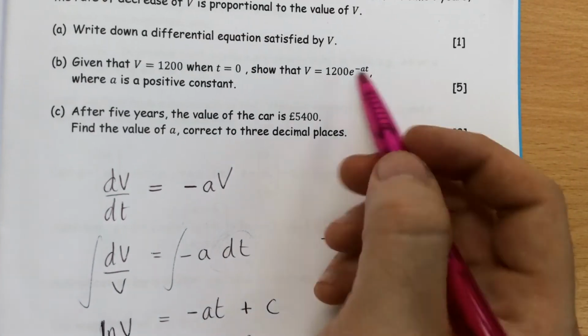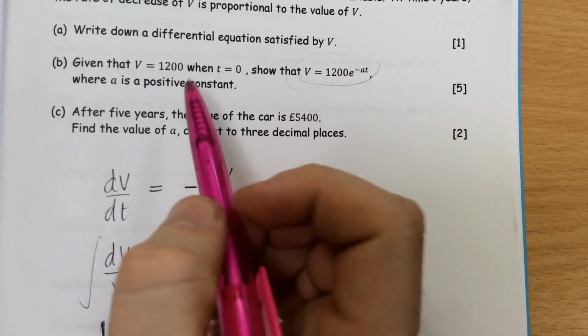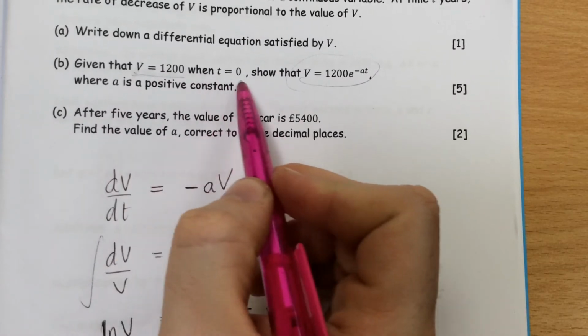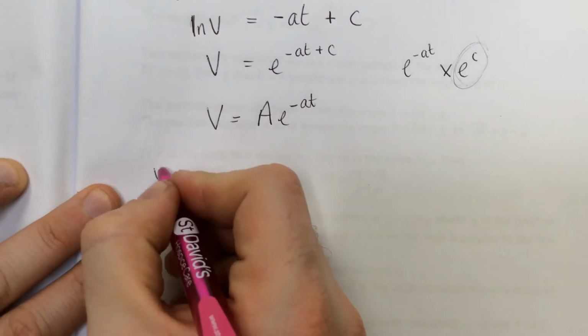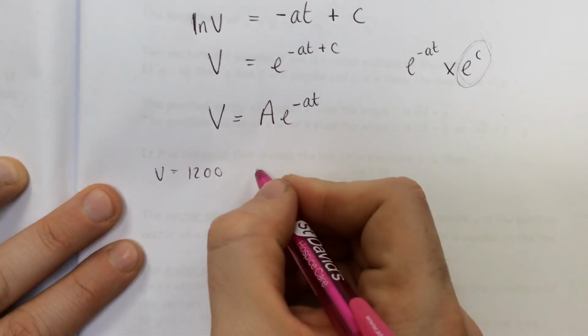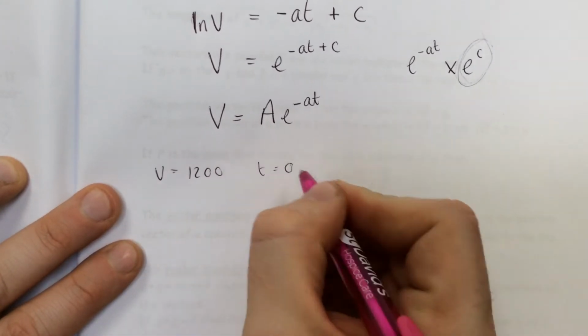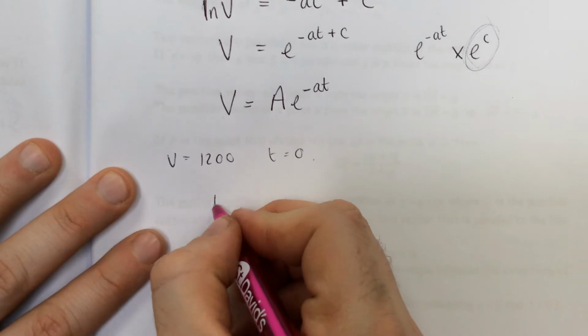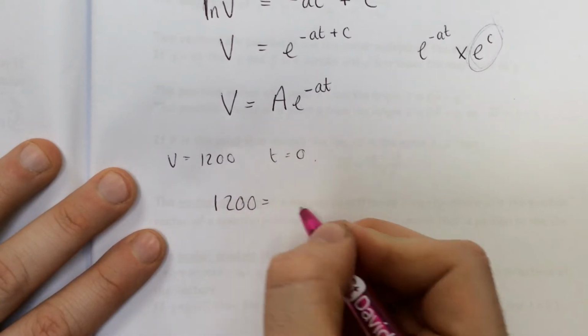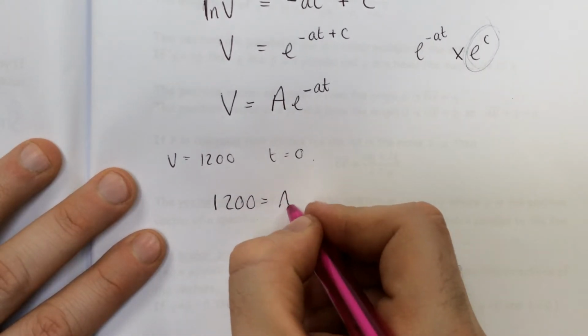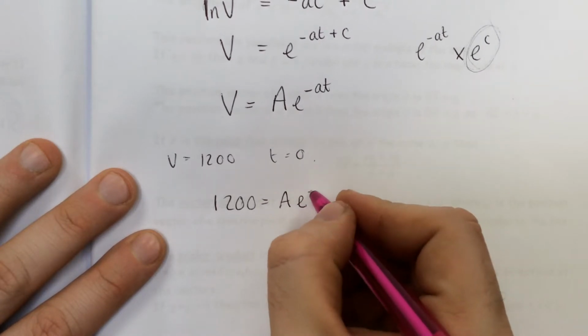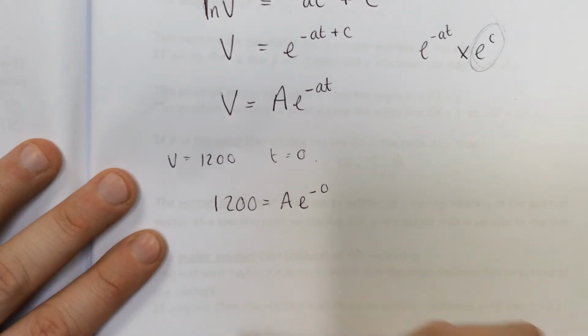So the point it wants us to get to, it's told us that v is 1200 when t is 0. So we're going to use the equation we've just got. So we're going to say v is 1200 like it says in the question, and t is 0. So we're just going to substitute those values in. 1200 is equal to A times by e to the power of 0 minus 0.